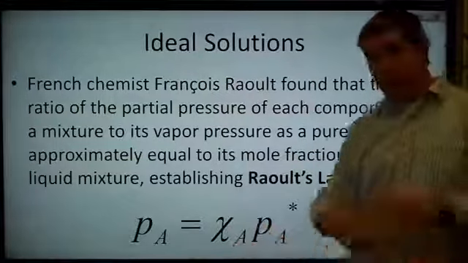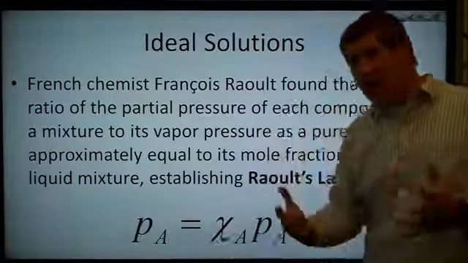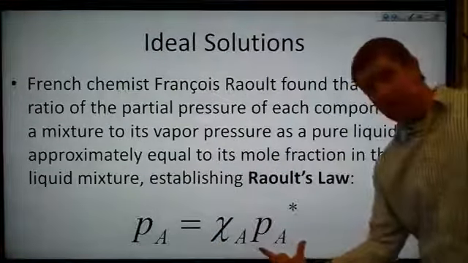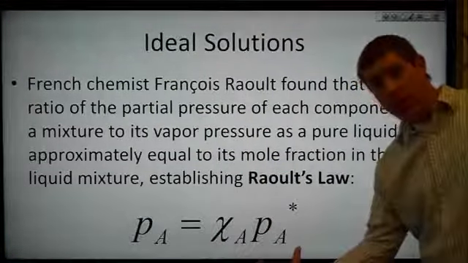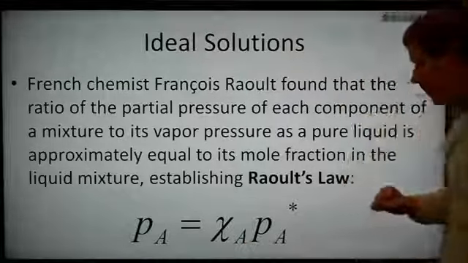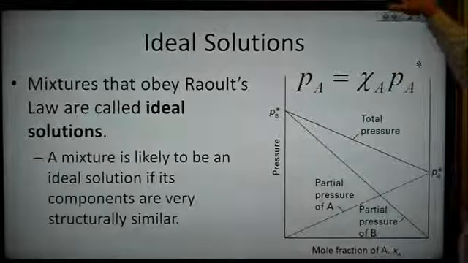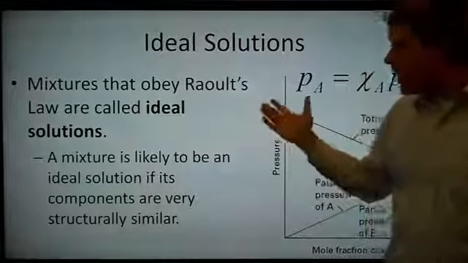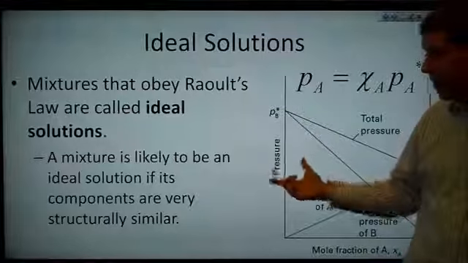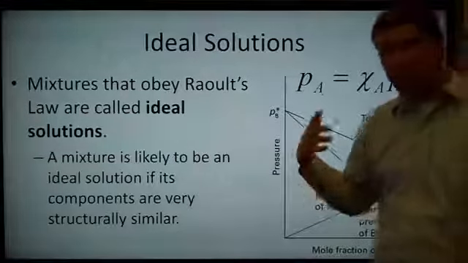But if we have, say, half A and half B, now the vapor pressure of A will be half the value of the vapor pressure of pure A. This is half A, half B by number of moles. So mixtures that obey Raoult's law are called ideal solutions, and a mixture is likely to be an ideal solution if its components are very structurally similar.